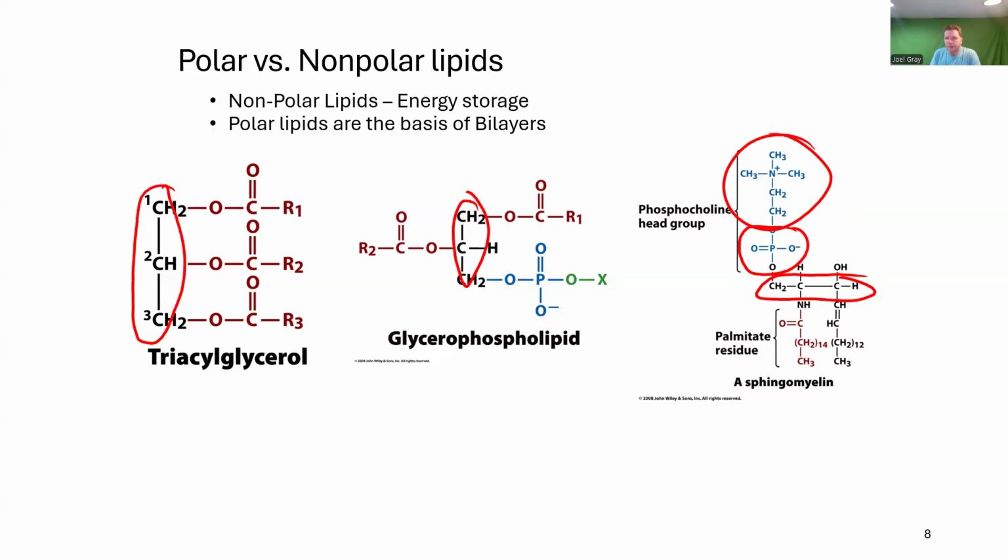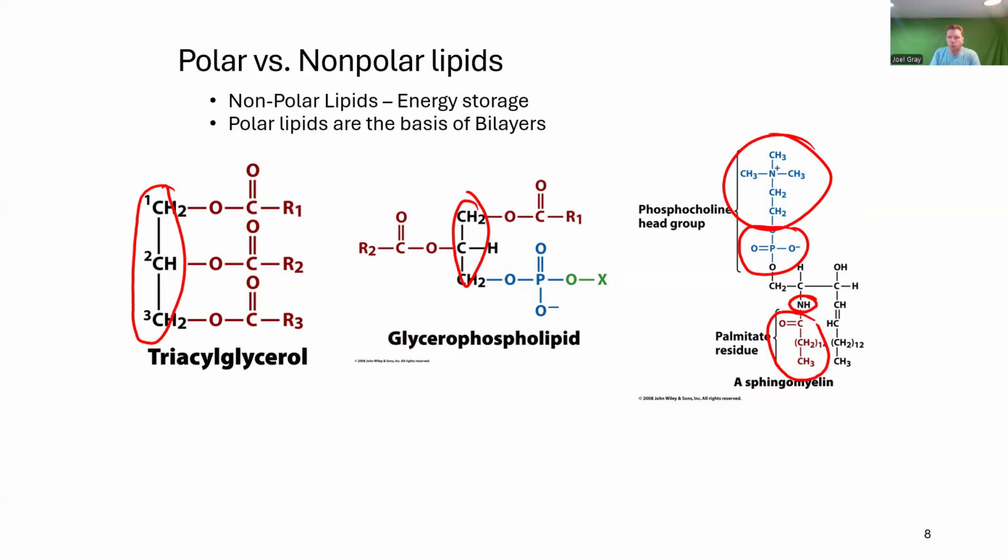But then at the other two carbons that make up this backbone, we've got an alkyl chain. It's not an esterified alkyl chain, so it's not a fatty acid, but then we've got this amine that has replaced an alcohol, and that amine is where we're going to have a fatty acid.